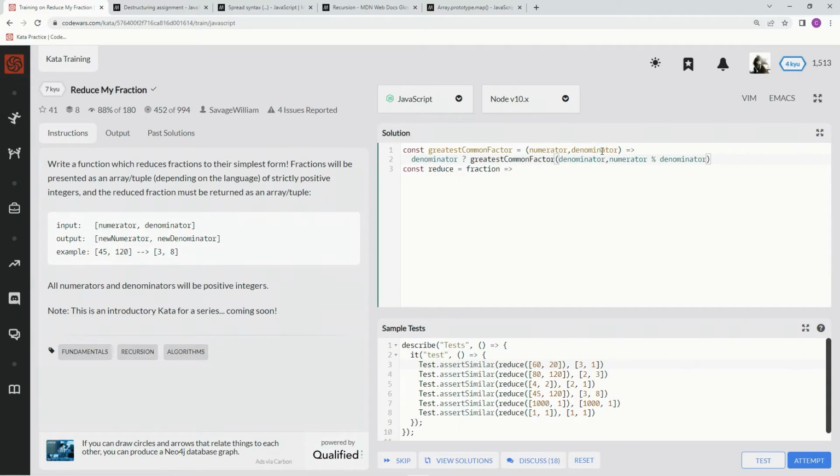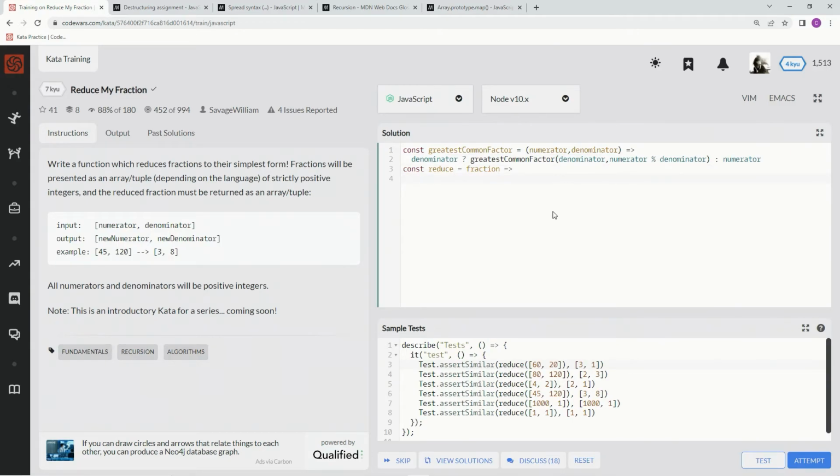So 8 here, 10 here. So we're going to put 10 here, and then 8 remainder operator 10 is going to be 2, right? Okay, so now we're going to do it again, and we're going to put the 2 here, and 10 remainder operator 2 is 0. And we only do that if there is a remainder, right? So if there isn't a remainder, we're just going to say numerator. Yeah, that's what we're going to do. And that will give us the greatest common factor, all right?